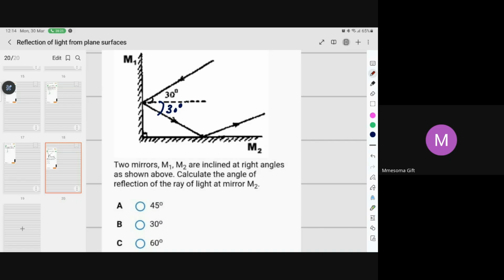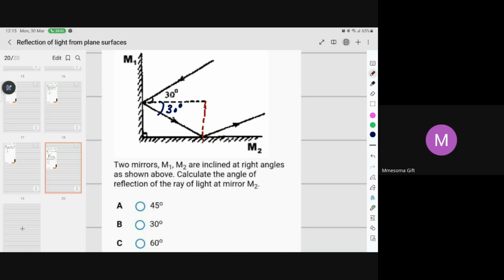Remember that these two mirrors meet at an angle of 90 degrees, and their normals are also at right angles to each other.